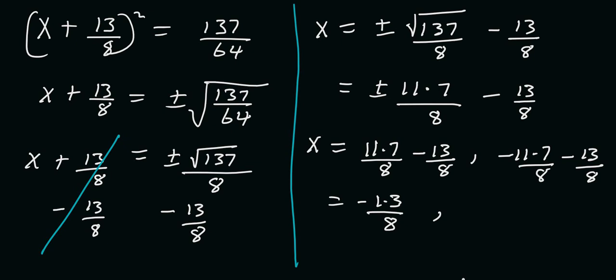So this will give us negative 24.7 over 8. Let's just confirm that. Yes, negative 24.7 over 8. So we can leave your answer the way it is.